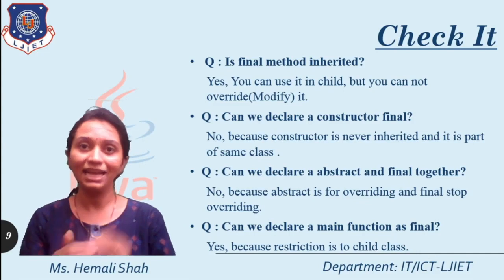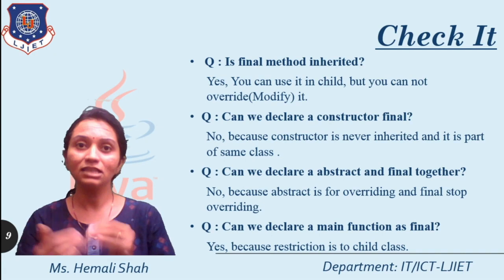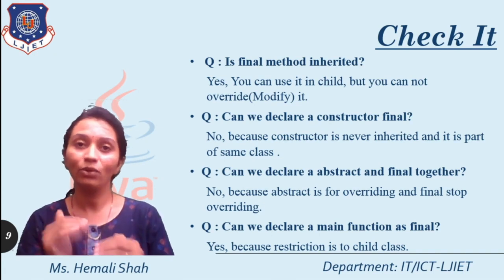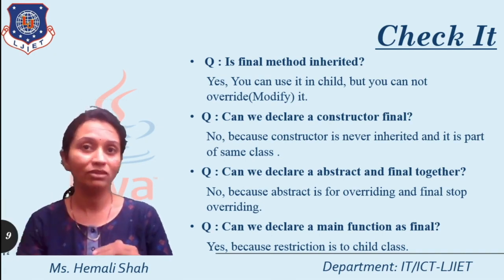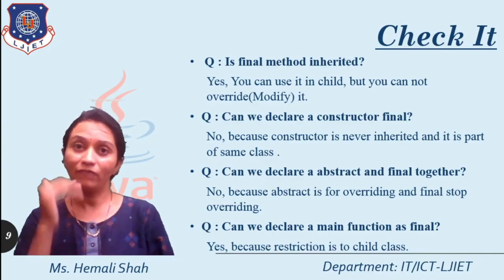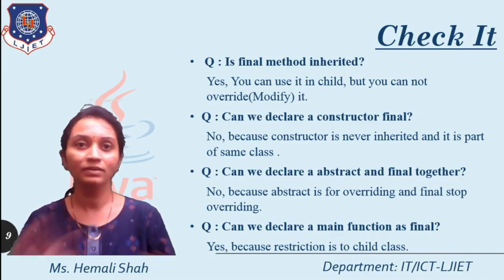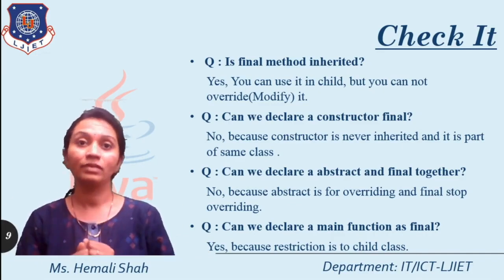We are just declaring this main as final. So whenever you create a child class and override this main function in the next class, at that time it generates the error. But whenever you are making this main final, no error will be there, right?